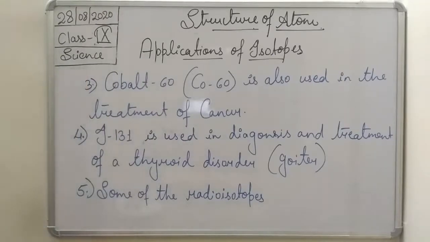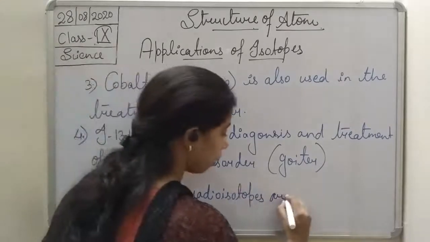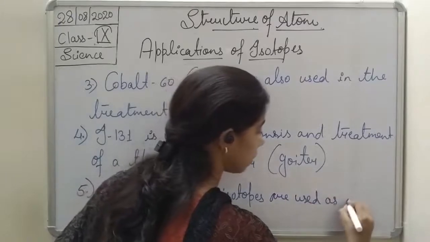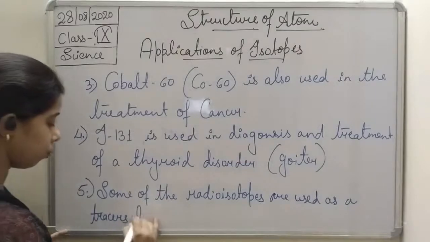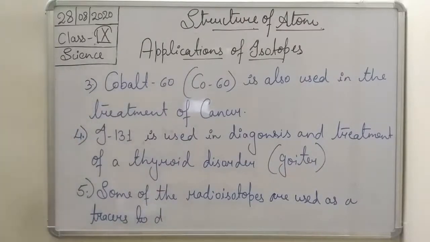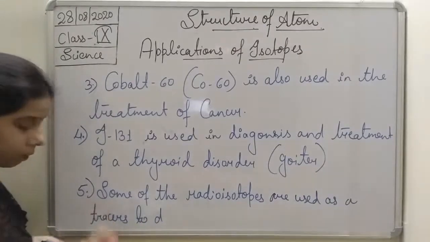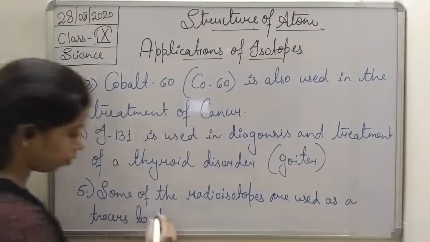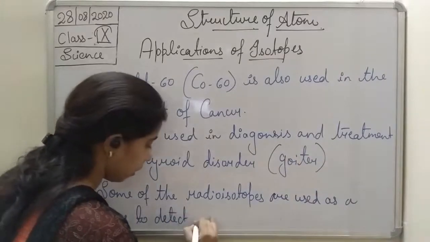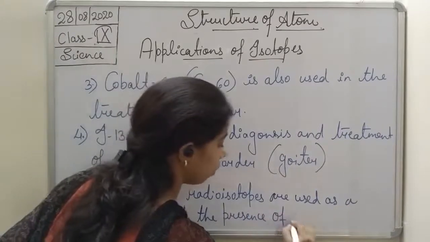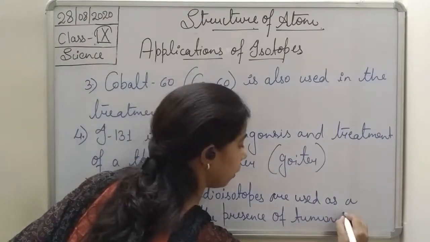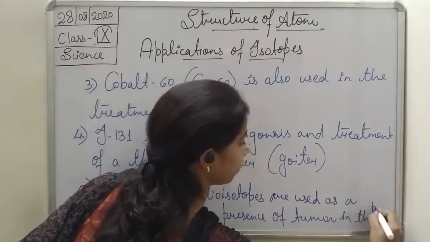So we can write it: some radioisotopes are used as a tracer to detect the presence of tumor in the body.